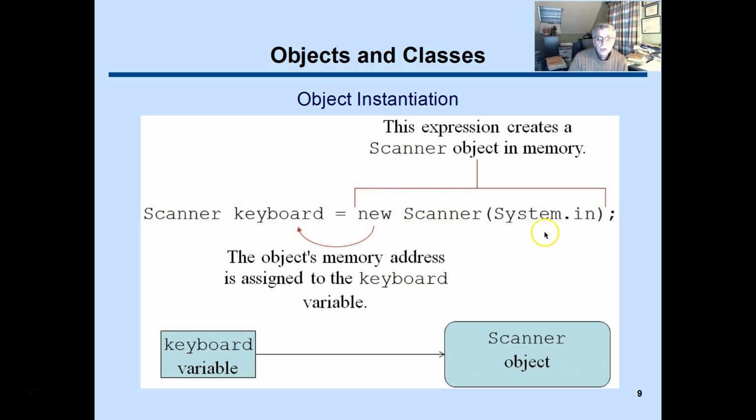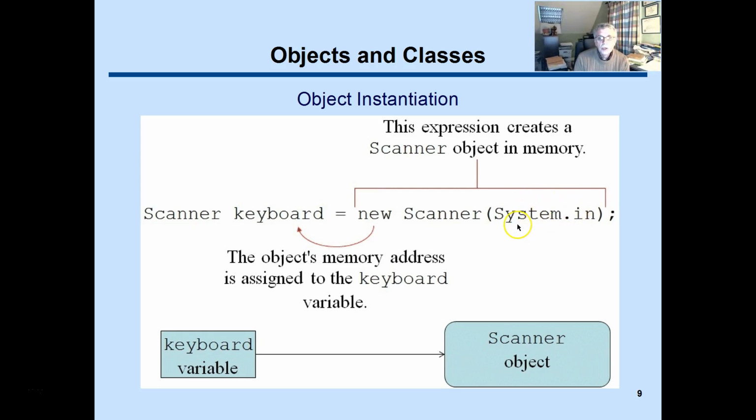Within the parentheses here, what we have is an argument that's passed to the constructor. As we talk about constructors and classes in some detail, we'll see that there are different types of constructors that can be created. By default, if we don't explicitly create our own constructor, we have one that will not accept any arguments, what is cleverly called a no-arg or no-argument constructor.